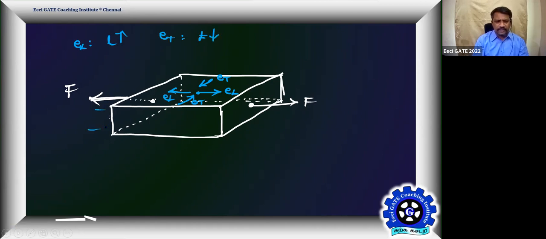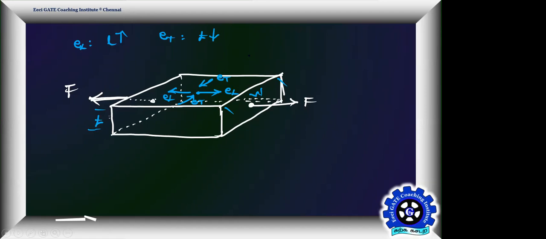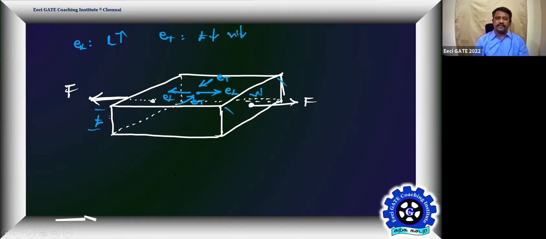So this is your thickness, and this is your width. Let me take this as the width. Clear? Once again, it's everywhere. Even you can mark it here. EL is responsible to increase the length. So the length increased by delta L. Who's the contributor?